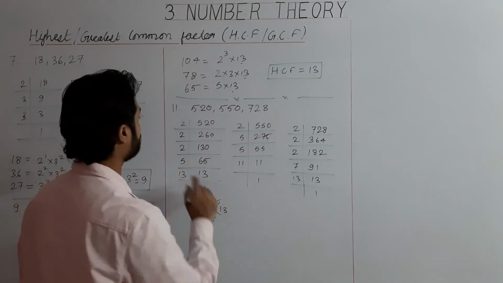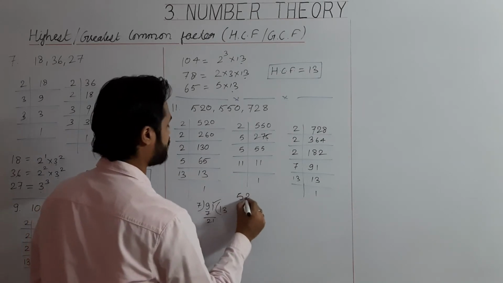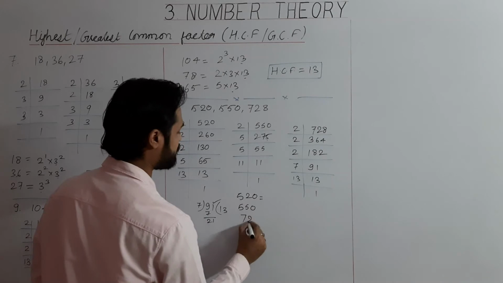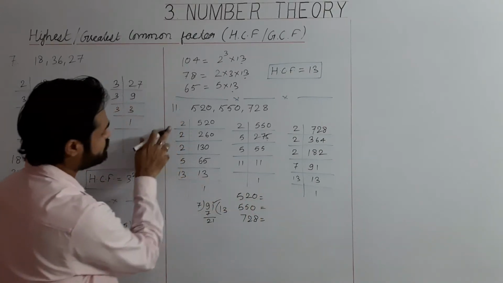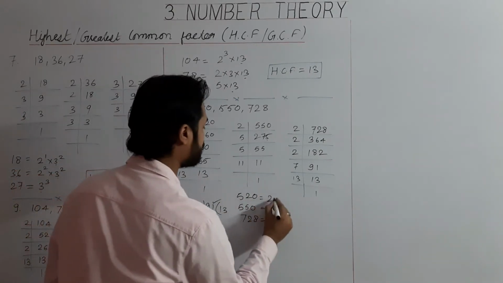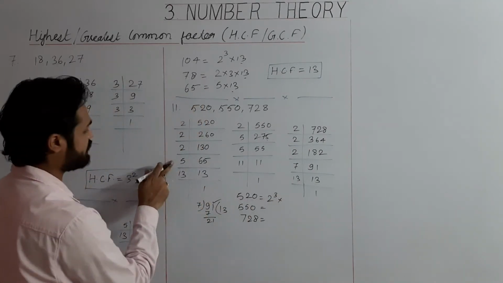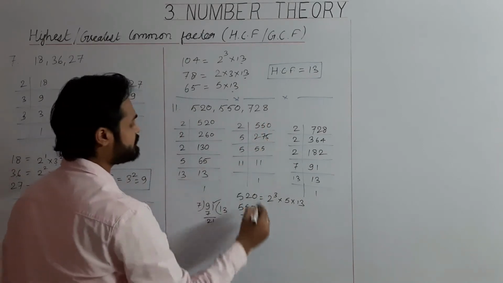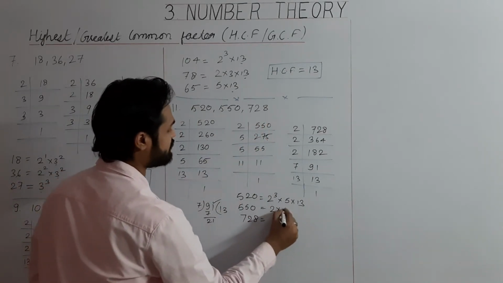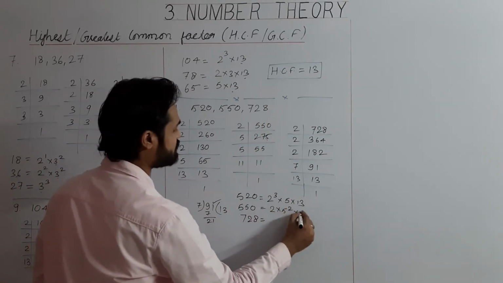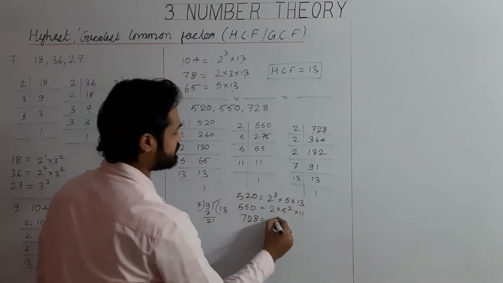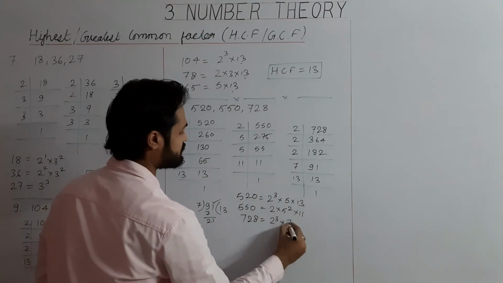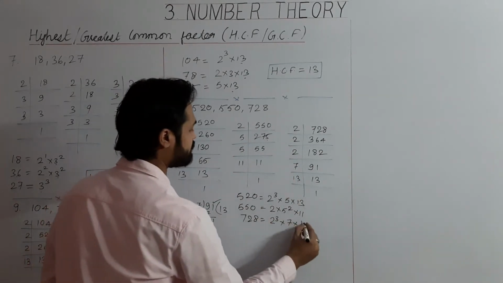It means common factors, so we have to write these factors for 520, 550 and 728. Factors are 2 to the power 3 into 5 into 13 for 520. For 550, 2 into 5 to the power of 2 into 11. And for 728, 2 to the power of 3 into 7 into 13.